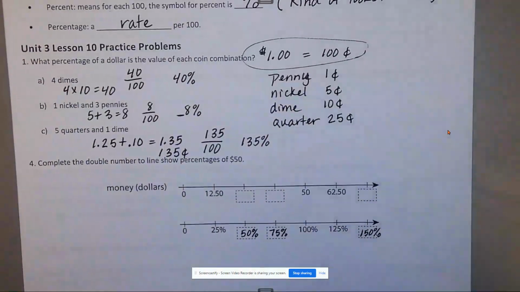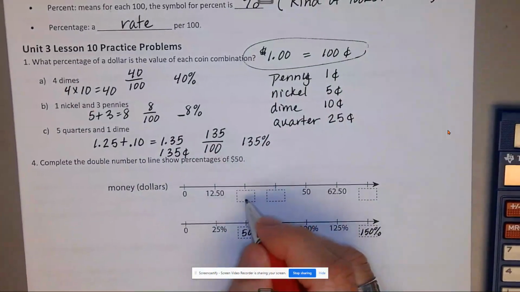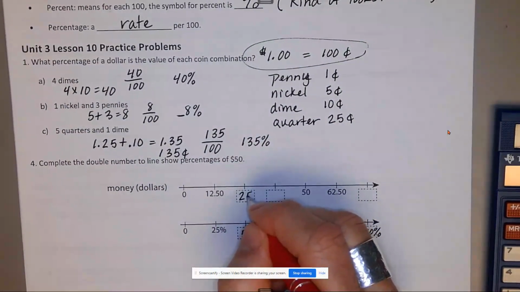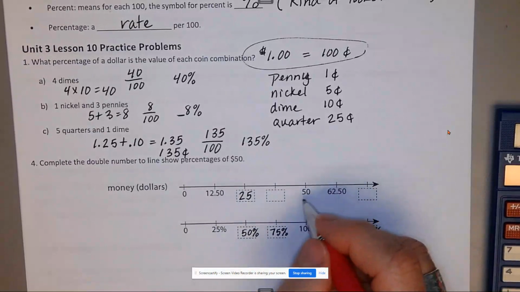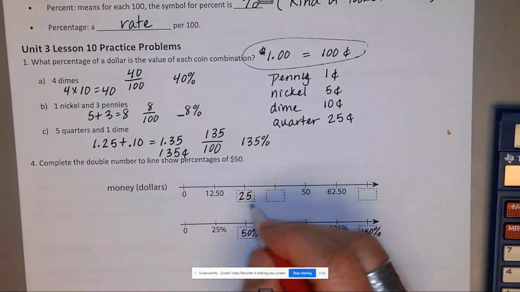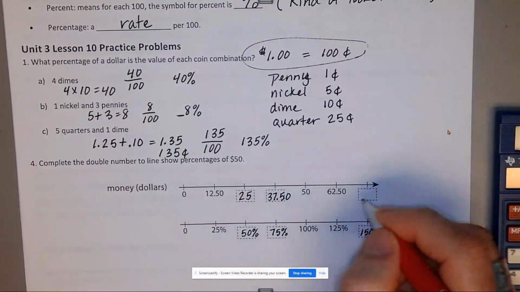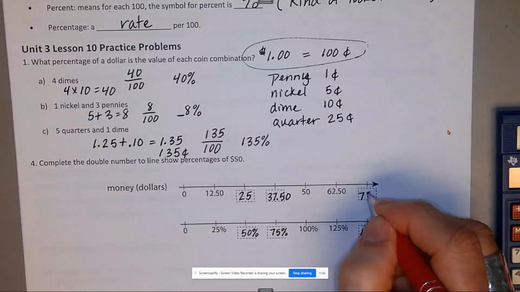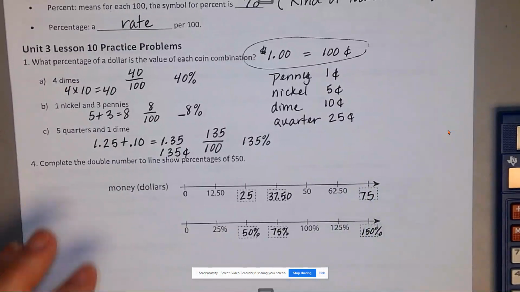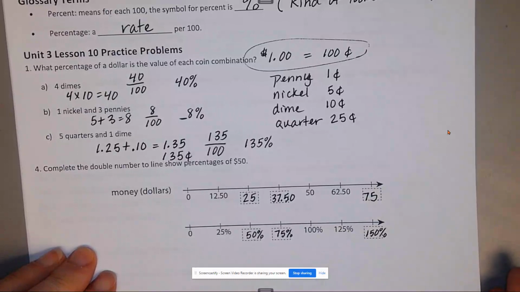If you don't know, use your calculator. But it would be 12.50 times 2, which is 25. And then another 12.50, so 37.50. And then we would have 75. And that's all money.